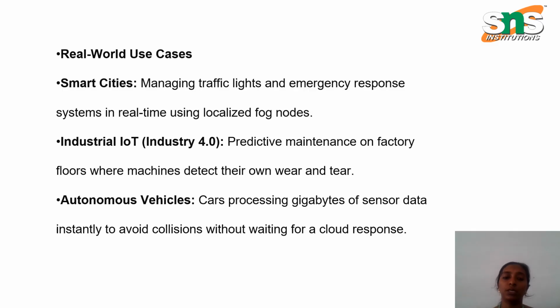They should respond immediately, and if we wait for the cloud response, they could not take decisions in the next fraction of a second. So these are real world examples where fog and edge computing are used.